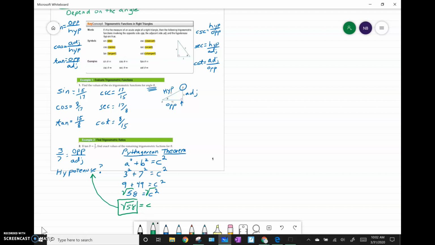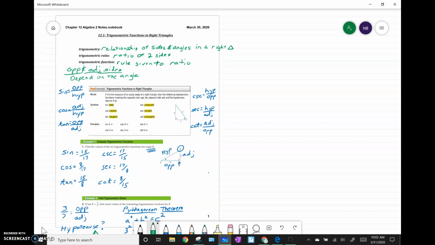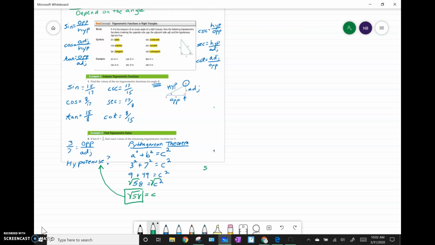So I would set up sine equals opposite over hypotenuse. Now I have everything I need. My opposite is going to be 3, and my hypotenuse is the square root of 58.